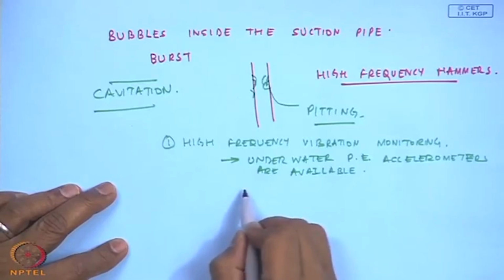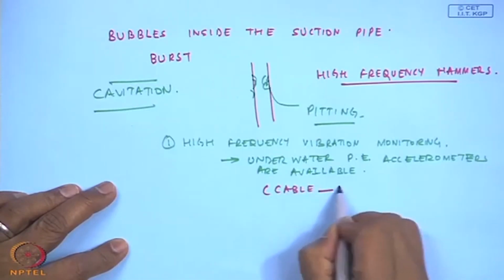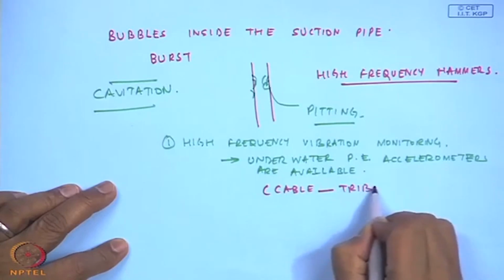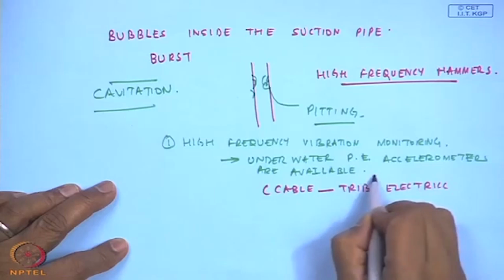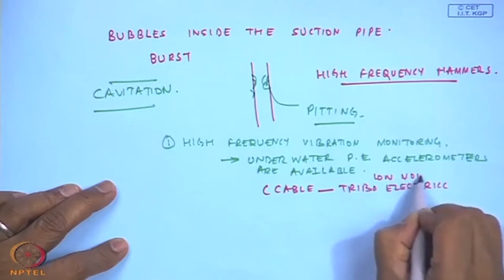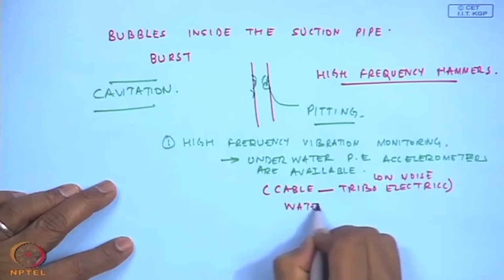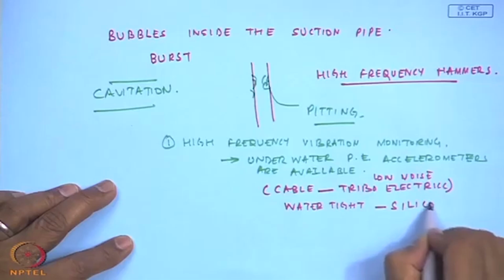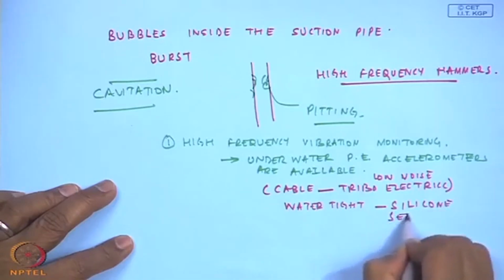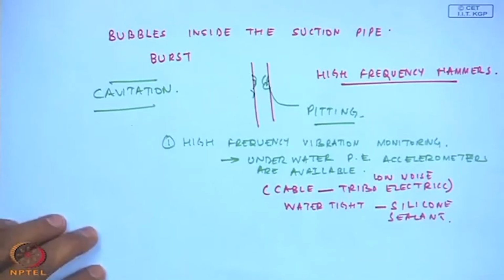But the most important thing is the cable, the low noise triboelectric cable, and they have to be watertight with good silicone sealant. Sometimes these cables are costlier than the piezoelectric accelerometers.